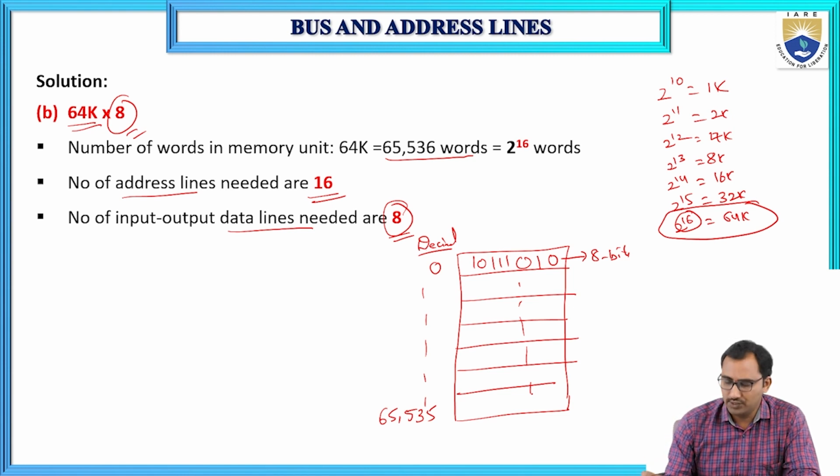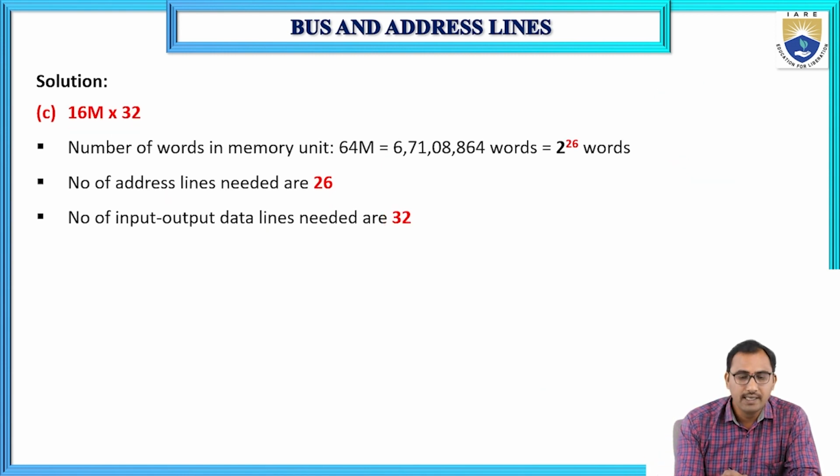Okay, next one is 16 megabytes by 32. 16 mega means 1,67,77,216 words.